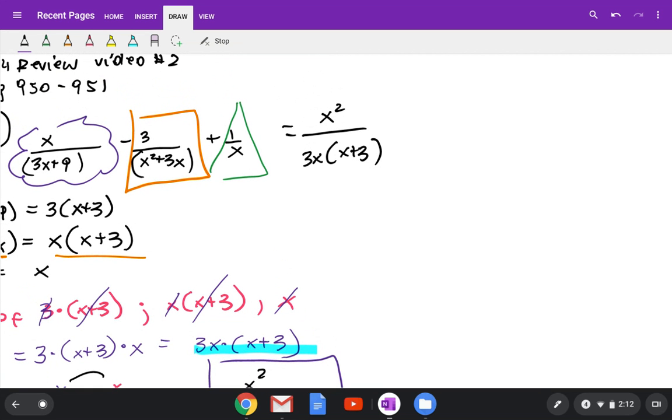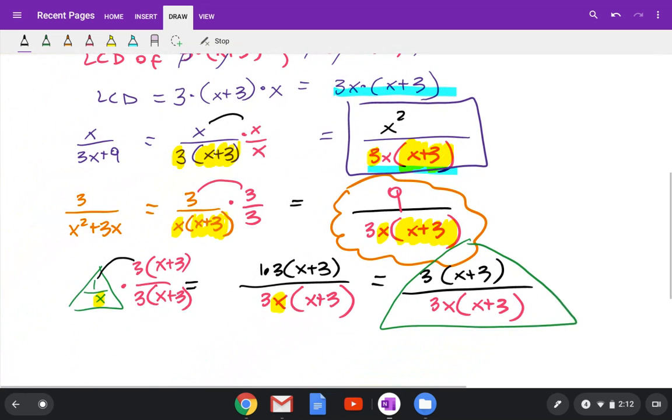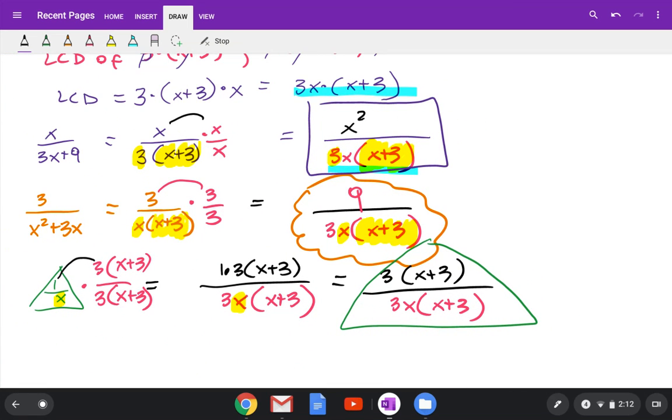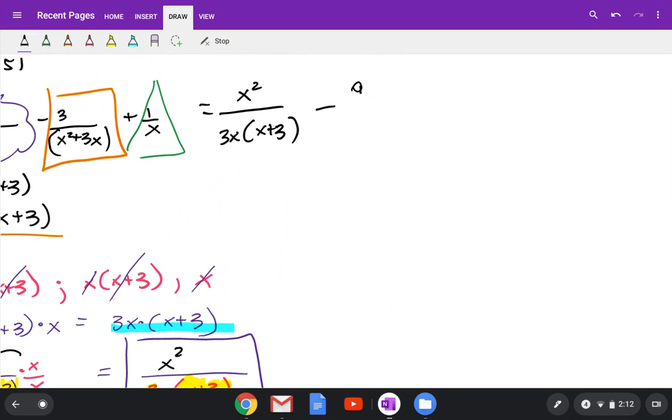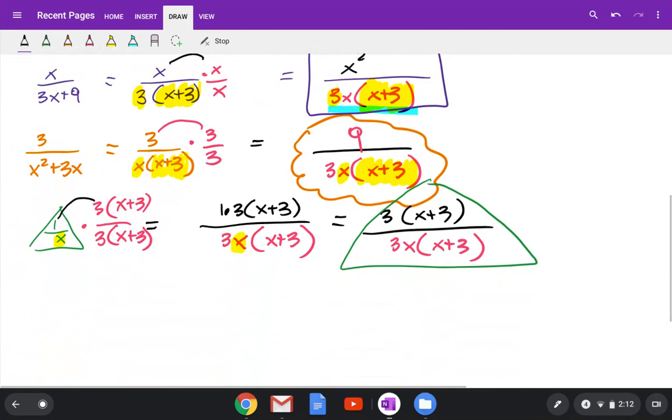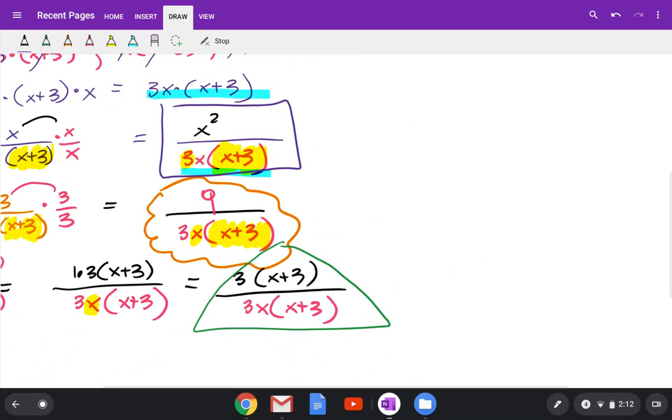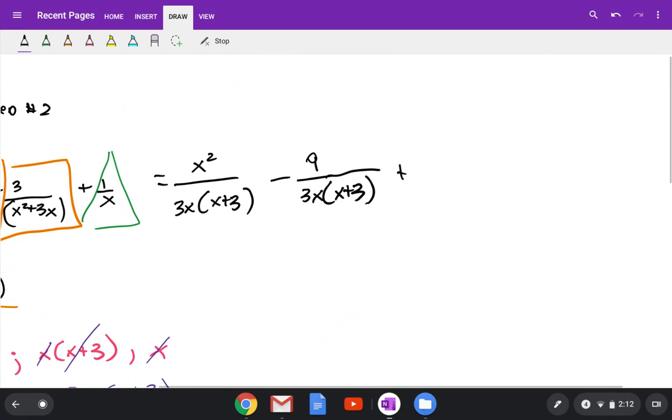Now, minus 3 over x squared plus 3x, the orange one, is equivalent to 9 over 3x times x plus 3, plus, and the one in a triangle, 1 over x, is equivalent to 3 times x plus 3 over 3x times x plus 3.